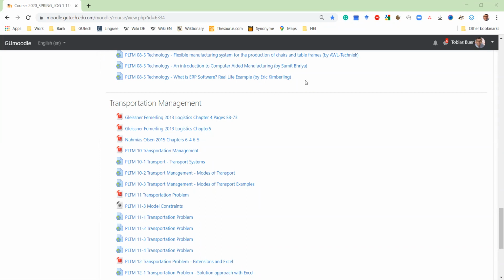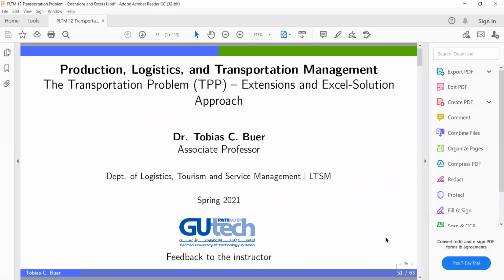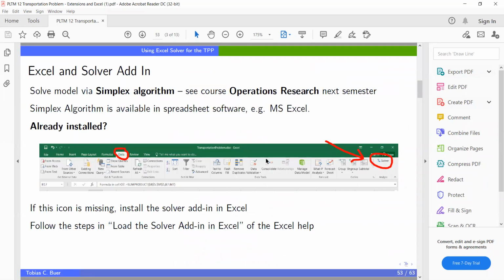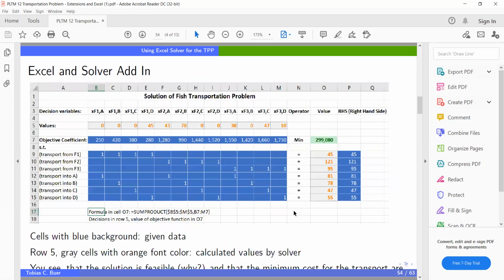So as you can see, one main part of this quiz will be the transportation problem. And in the slides, I also show you how you can solve this transportation problem via Excel and how you can set it up. And this is the layout in Excel to solve this transportation problem.